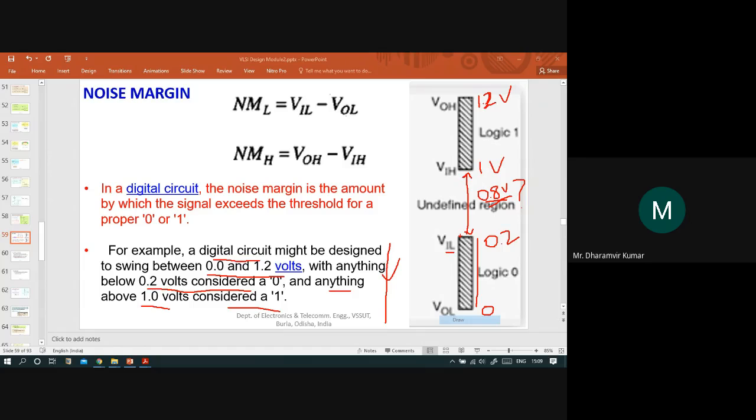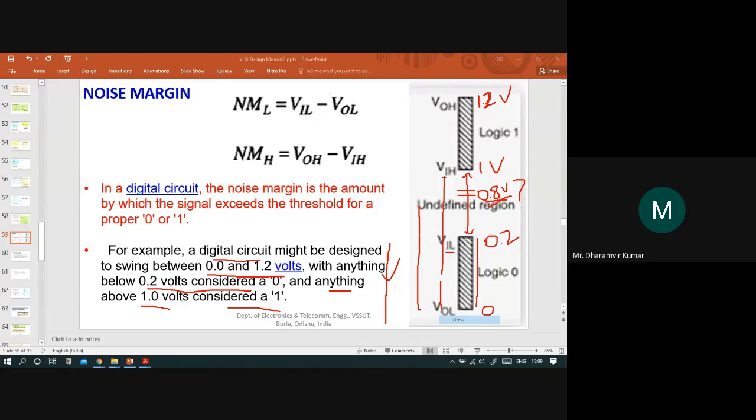There will be circuits having very low noise margins, and there would be circuits having broader noise margins. The circuits having broader noise margins will have a narrow undefined region, and the circuits having narrow noise margins would have broader undefined regions.